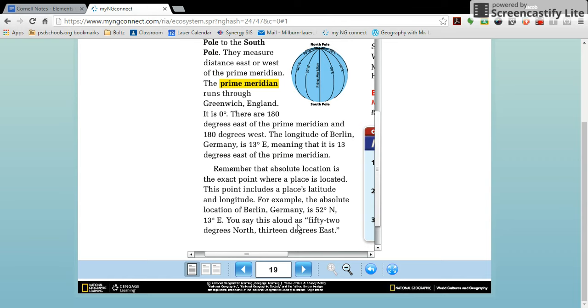You say this aloud as 52 degrees north, 13 degrees east. That's how you would actually say it. And right here, these are the coordinates for Berlin, Germany. And that helps us establish the absolute location of a place. Like I said, we will go over this in a few different ways to help you better understand it. But for now, we're just going to read through this text so we have the basic idea.